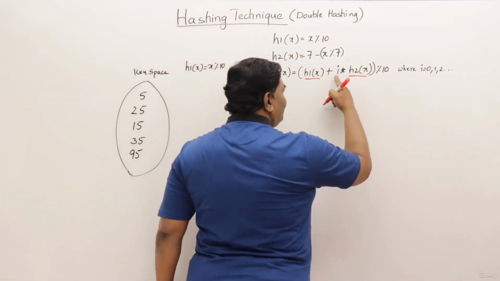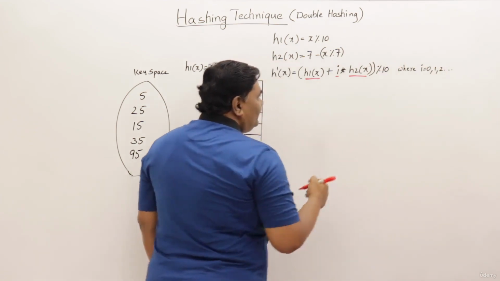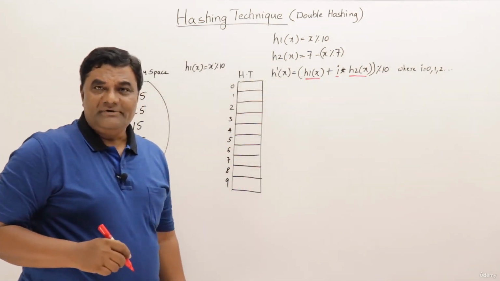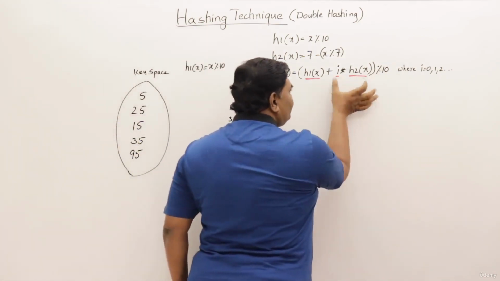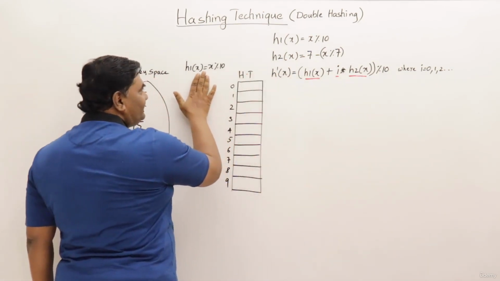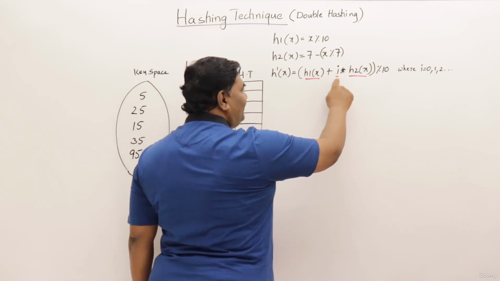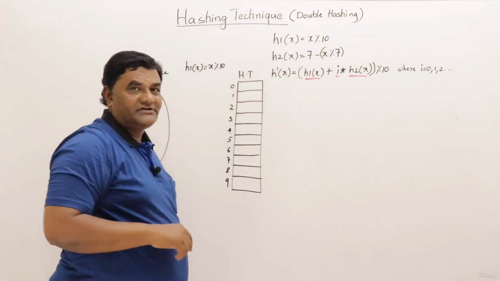Here i takes the value 0, 1, 2 onwards. So it is similar to linear probing and quadratic probing. When you use it the first time, i will be 0, so this term is of no use. So we can say that directly we use h1 for the first time. From the second time onwards, i will be 1, then this is considerable, and we can use this modified hash function.